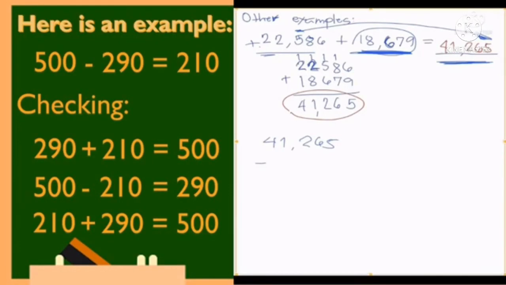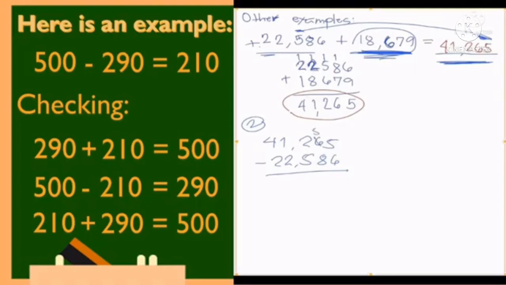Alright, so we have 41,265 minus 22,586. Okay, second equation. Let's see if we can find this one. 5 minus 6 is cannot, so we need to borrow from 6.